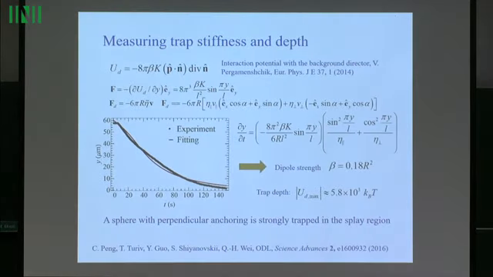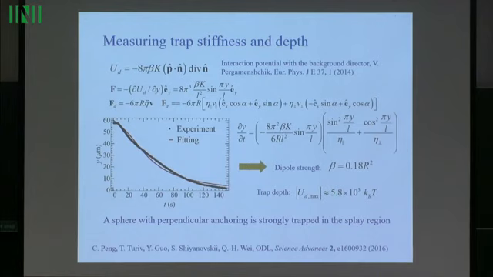On the other hand, you can of course develop the theory of this. Viktor Pergamenshchik some time ago developed an approach to describe colloidal interaction with a deformed director field, and we just use this potential of his to develop the equations for the dynamics, namely how the position of the particle along this pattern would depend on time. And fitting the experimental data with the theory, you would find that the energy of the elastic trap in the splay regions is extraordinarily high.